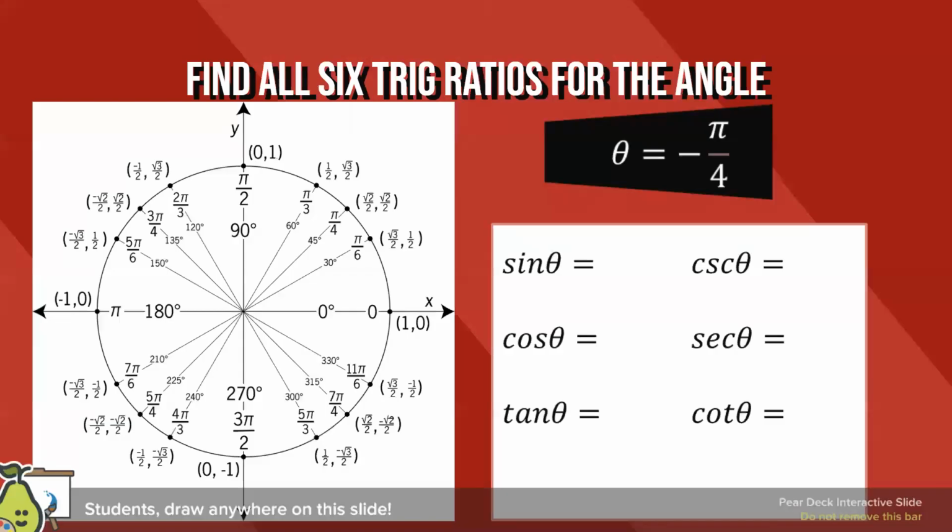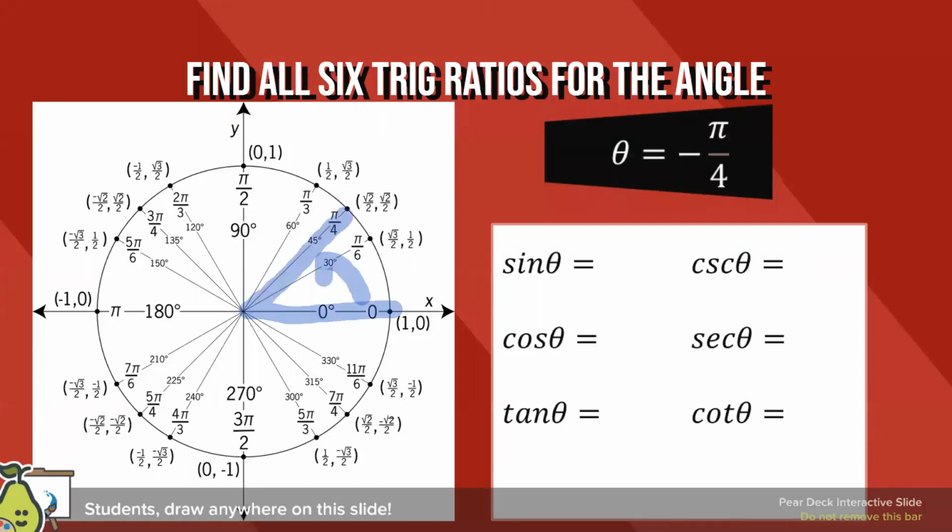Now that we're feeling pretty good about finding our 6 trig ratios, where would theta of -pi over 4 be? Find on this unit circle which radian measure you think is -pi over 4. Maybe you're not sure where to start, but let's just highlight where regular pi over 4 is. So it's this angle right here.